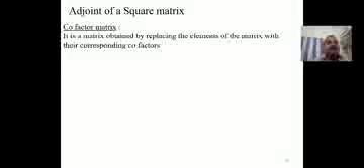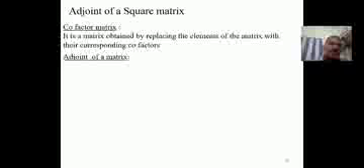Adjoint of a matrix. The adjoint of a matrix is based on the cofactor matrix. First, the cofactor matrix: it is a matrix obtained by replacing the elements of a matrix with their corresponding cofactors. Now, the adjoint of a matrix is the transpose of this cofactor matrix.